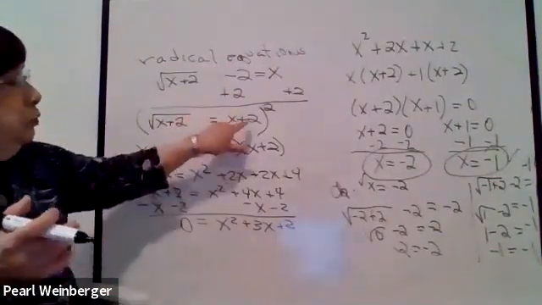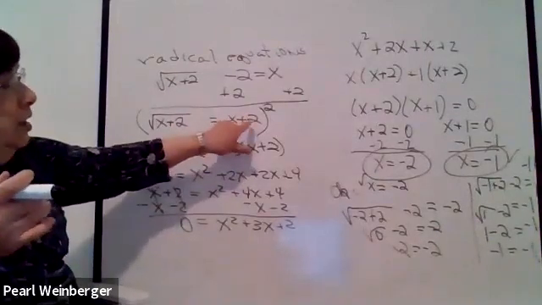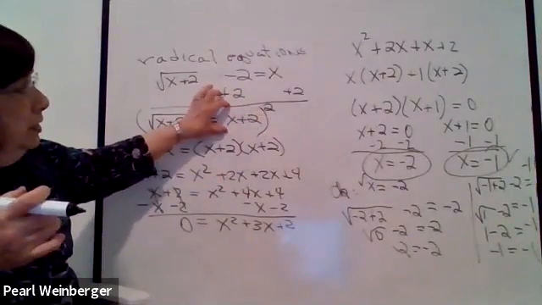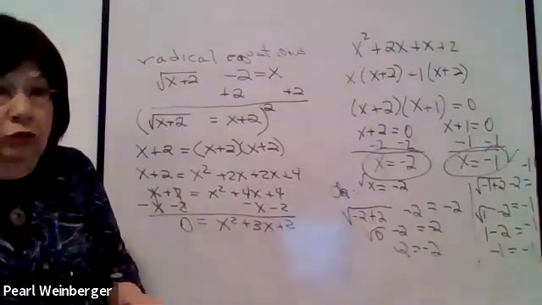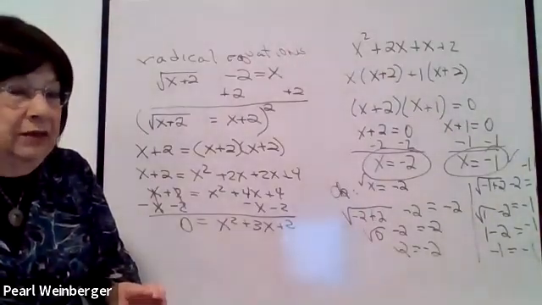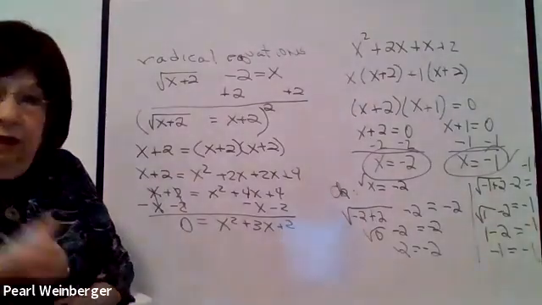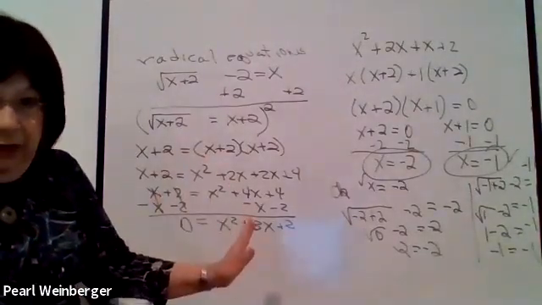The problem arises, what makes it much more complicated, is when what you have outside of the radical is also a variable. So I'm going to show you what you should do if you get this kind of question on a final exam.